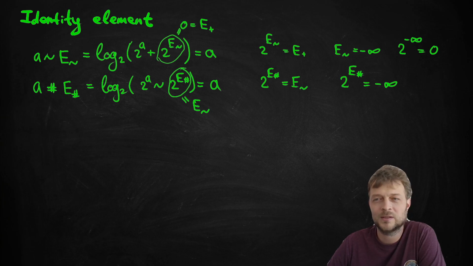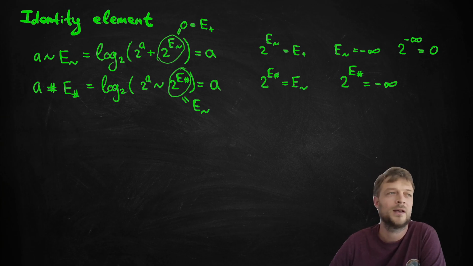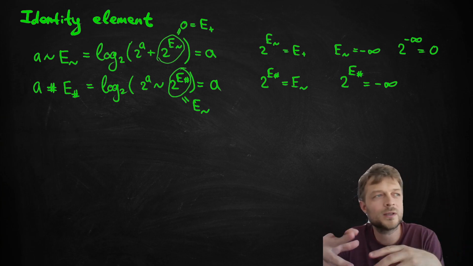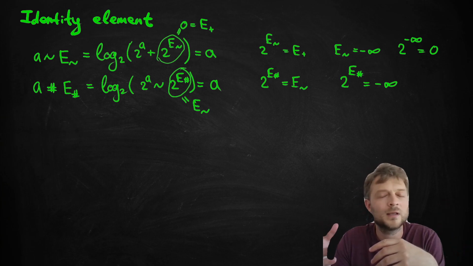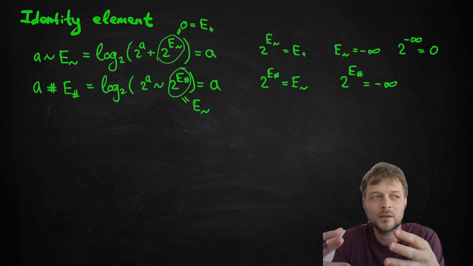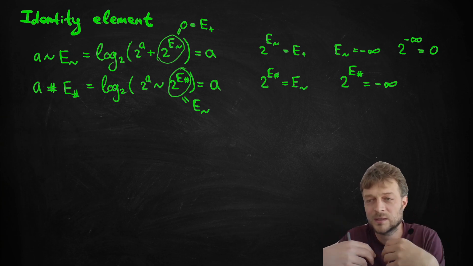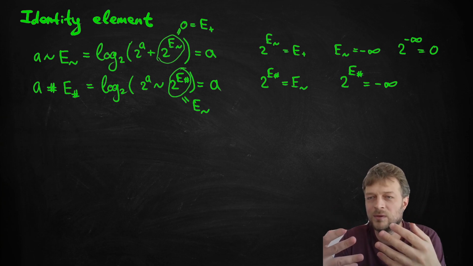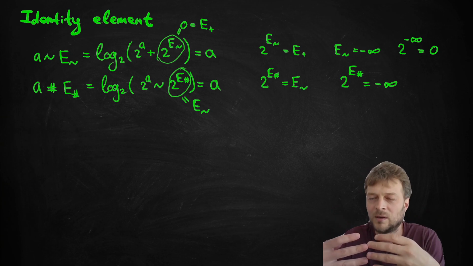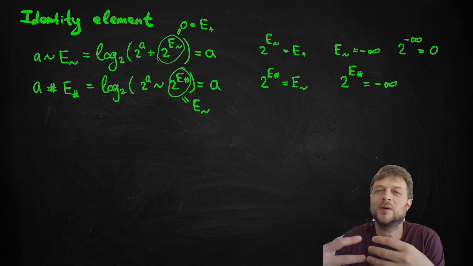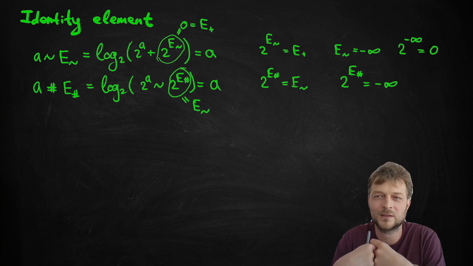So we need to understand that minus infinity, even in classical mathematics, is a special symbol. It's not a quantity. It's a special number that is given specific properties, specific attributes, specific behavior when it participates in arithmetic operations.